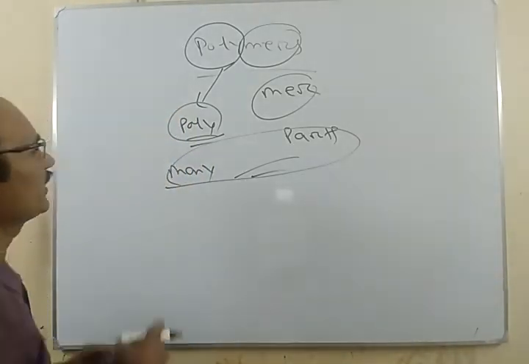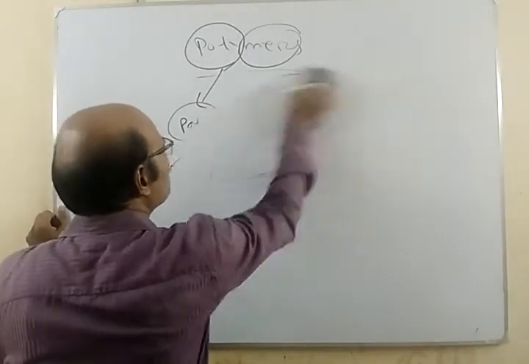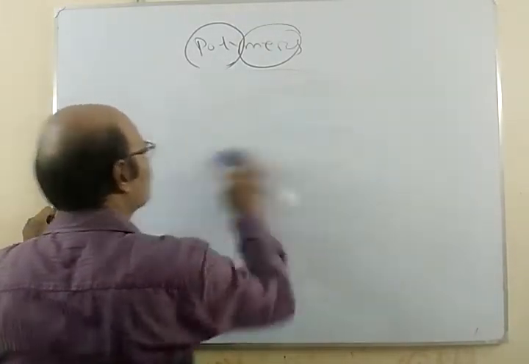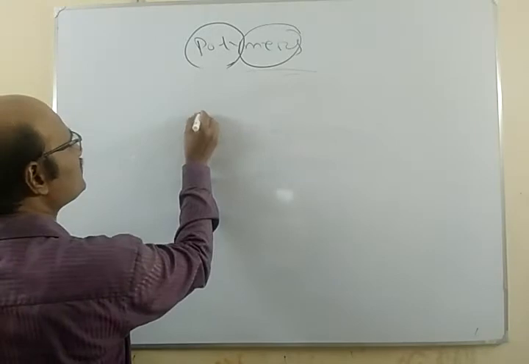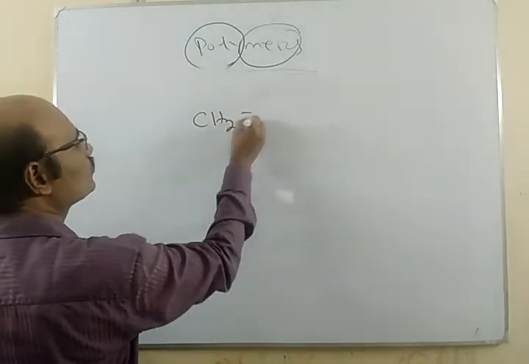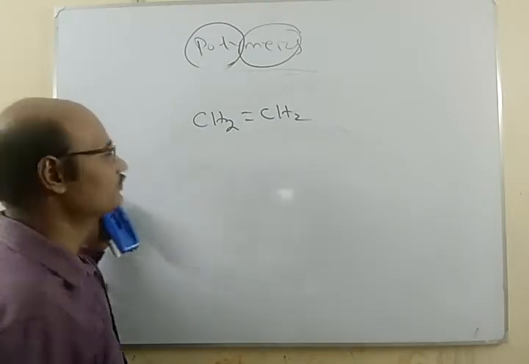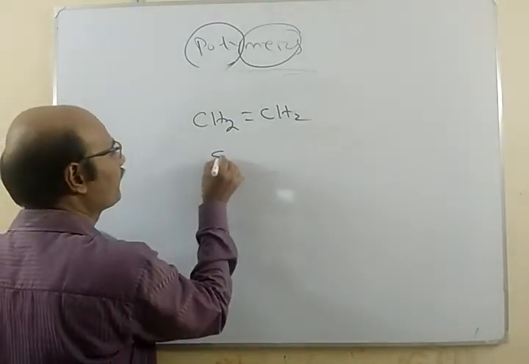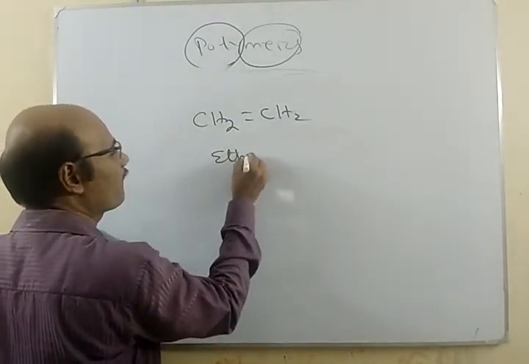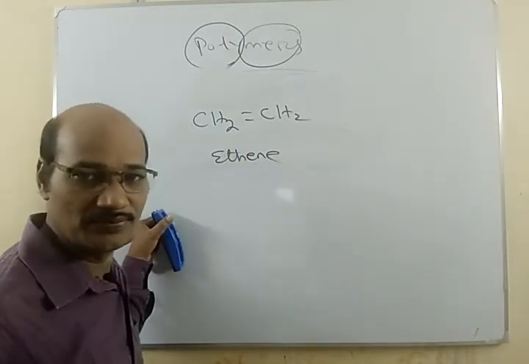A simple example I can take. Suppose I have CH2=CH2, this is called ethene.